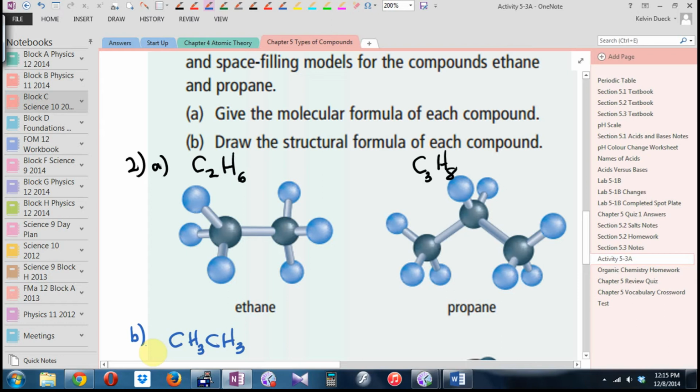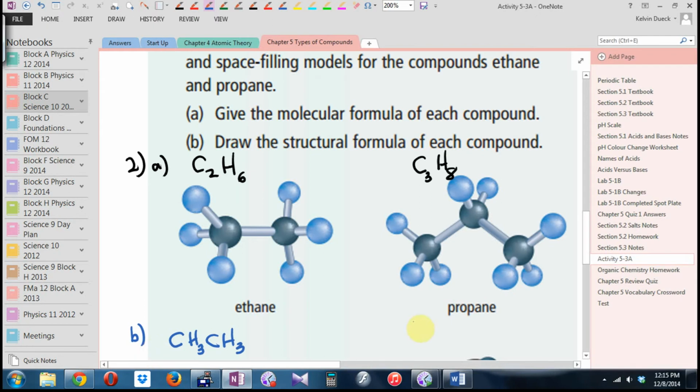The first carbon, how many hydrogens does it have on it? 3. The second carbon, how many hydrogens does it have on it? 3. Another way to write ethane, if you want to show how it's put together a little bit more, is like that.